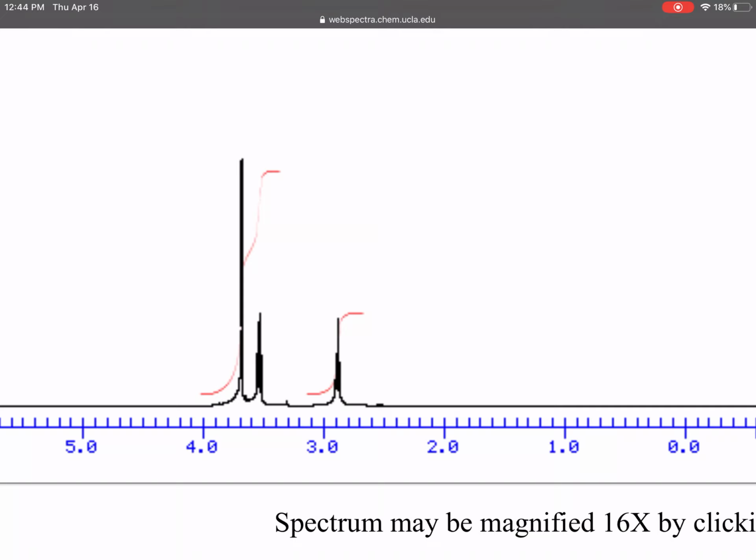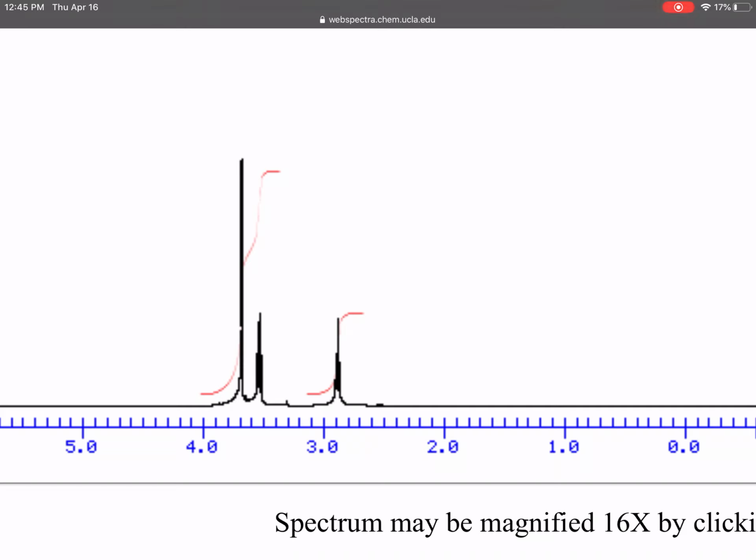So here's what I'm thinking for this one. One on the left, signal A, I think we assign a value of 1.5. Signal B and signal C look to be about the same size, so I want to assign each of them a value of 1. So we have a 1.5 to 1 to 1 ratio.